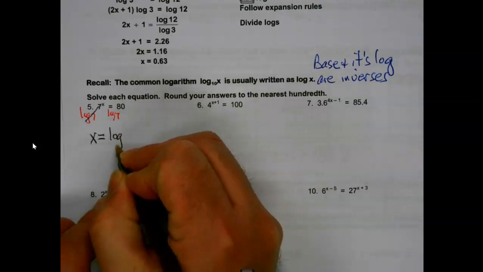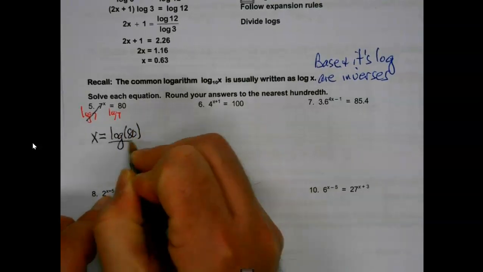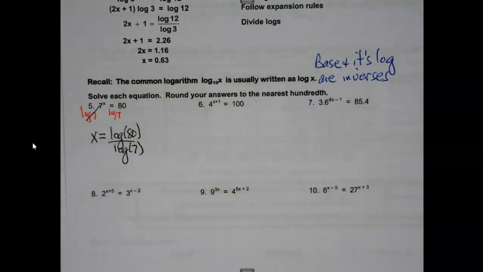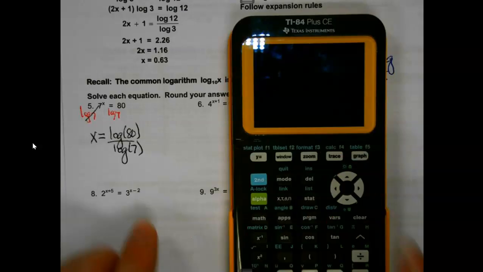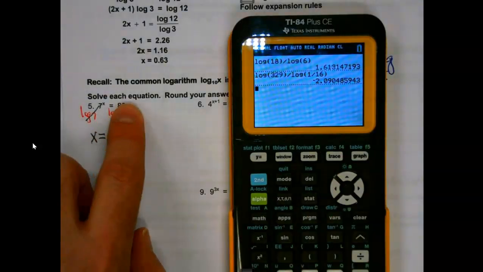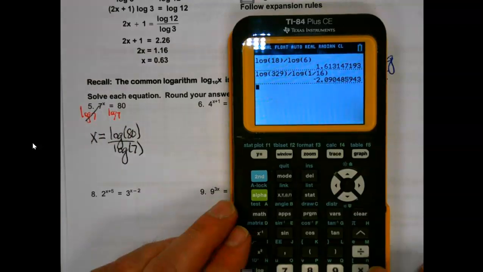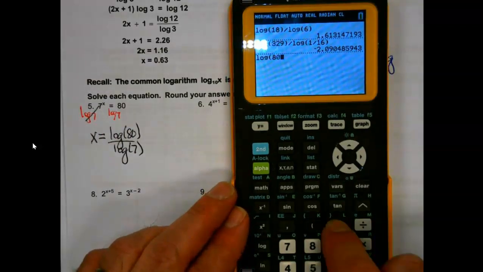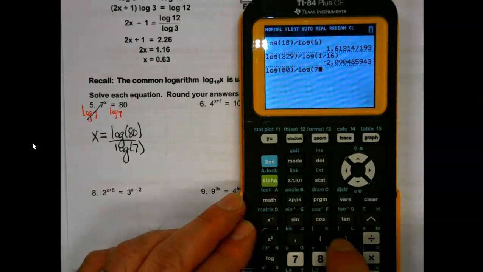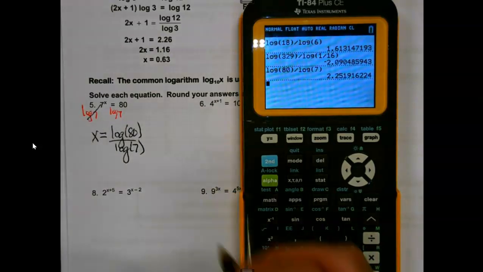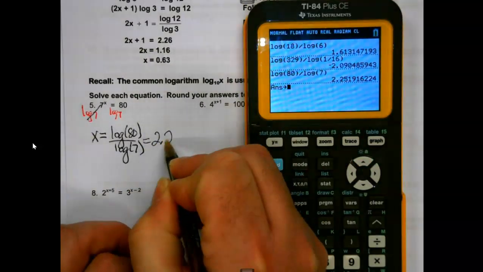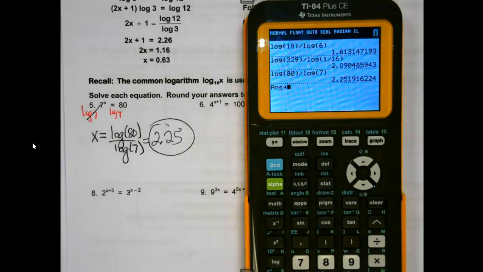So if I went to my calculator, I'd do log of 80 divided by log of 7. The log of my of value divided by the log of my base. There, I finally spit out what I meant. And yes, you have to have the log with each part. And we're going to the nearest hundredth. Okay, and we're set.